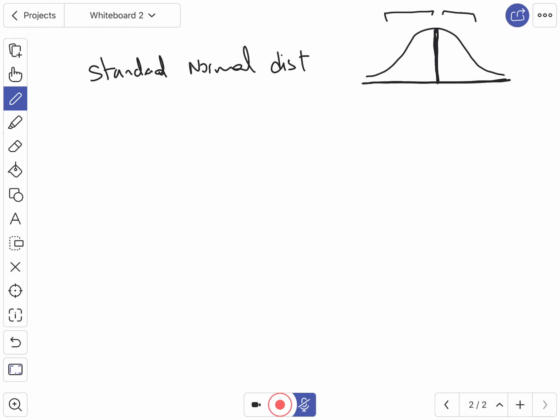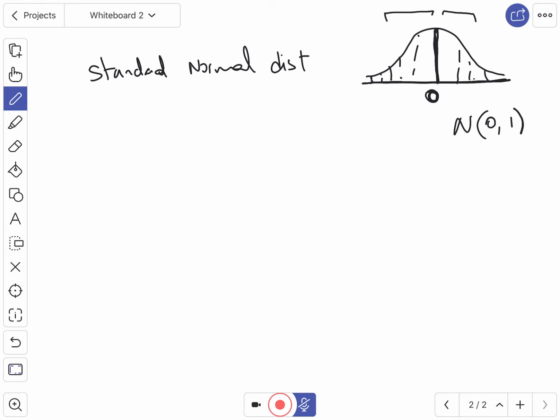Okay, and the standard normal distribution has an average, which is the center, of 0. The variance, which is the variation of the dots under the line, is 1 because it is standardized. So we usually write it as a standard normal distribution has a mean of 0 and a variance of 1, and this is how we usually write it in statistics.